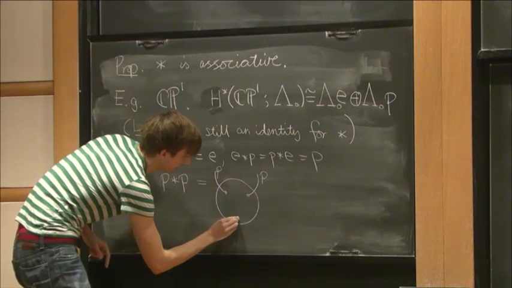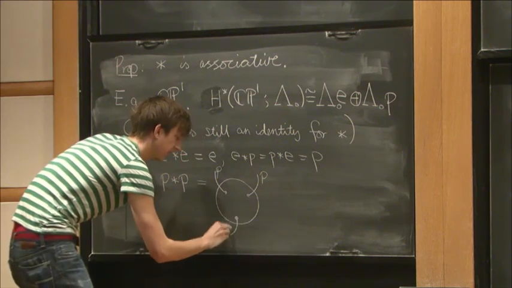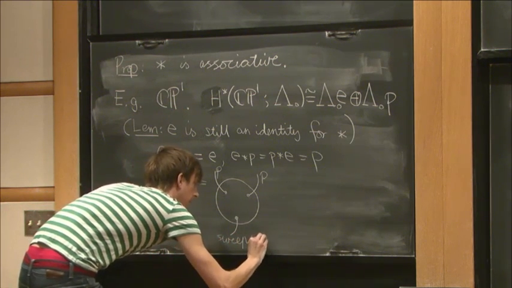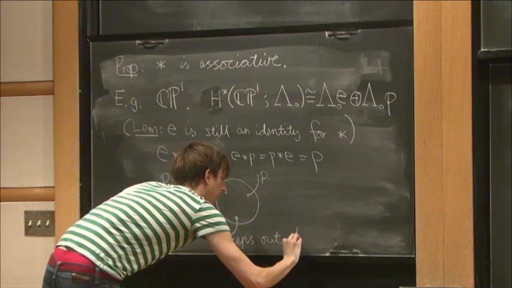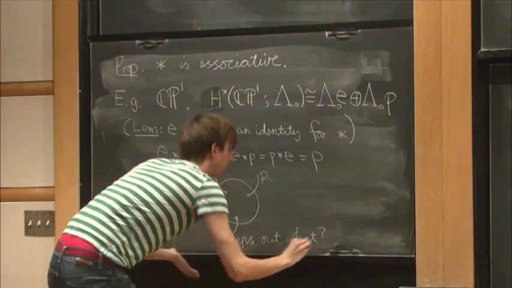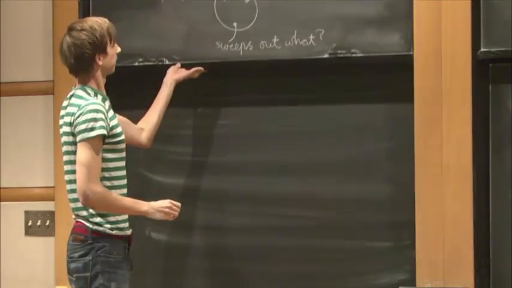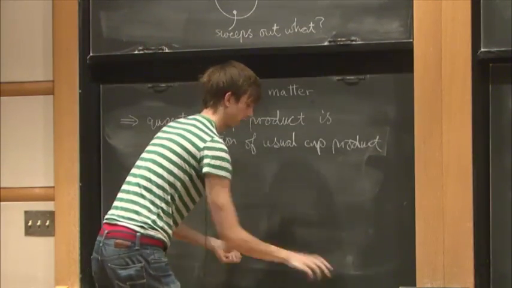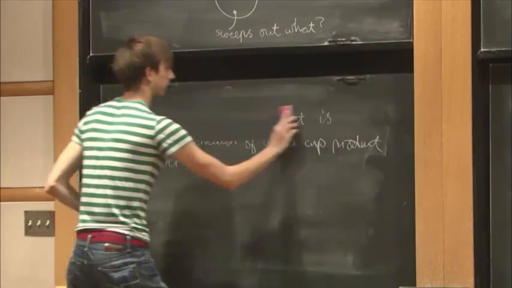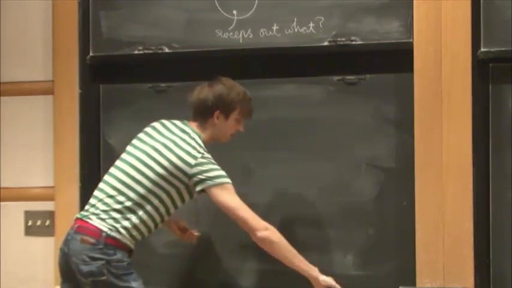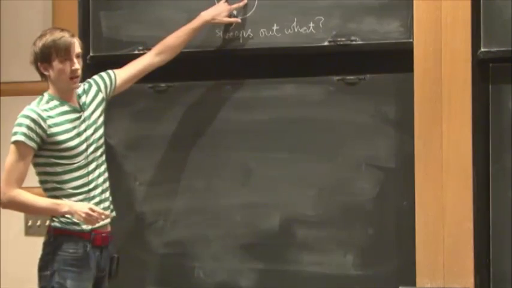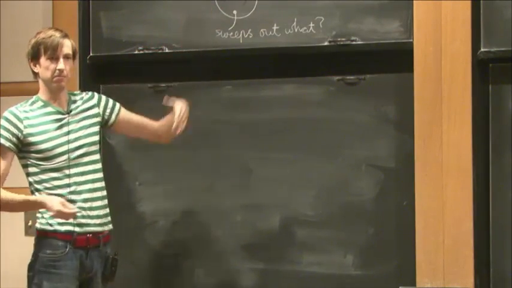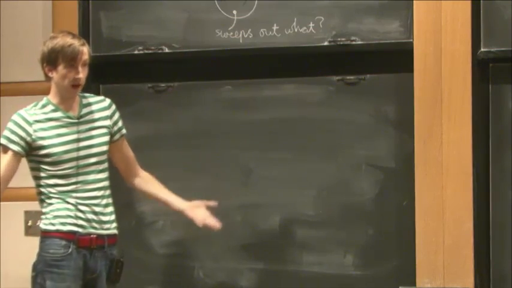This is a holomorphic sphere, and we need to see what this thing sweeps out. And of course, there's one obvious holomorphic CP1 sitting inside CP1, which is the thing itself.